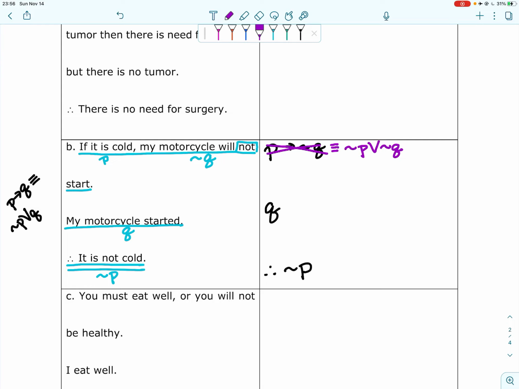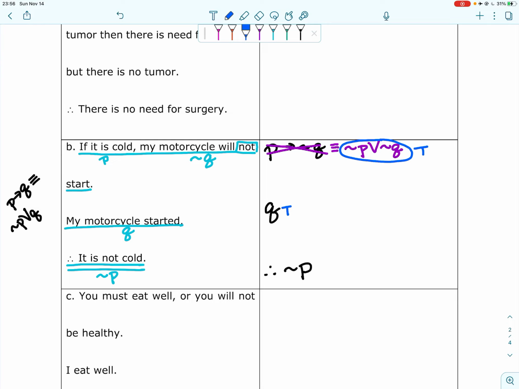All right, so now, in order to determine whether we have a valid argument or not, we have to assume that our premises are true. So I'm going to assume that Q is a true statement, and I'm going to assume that this entire OR statement is true, not the individual terms. I don't know about the individual terms, but the entire OR statement is true.